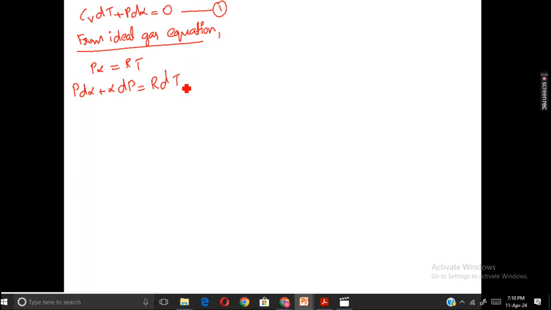R is a constant, so only dT will have the differential.